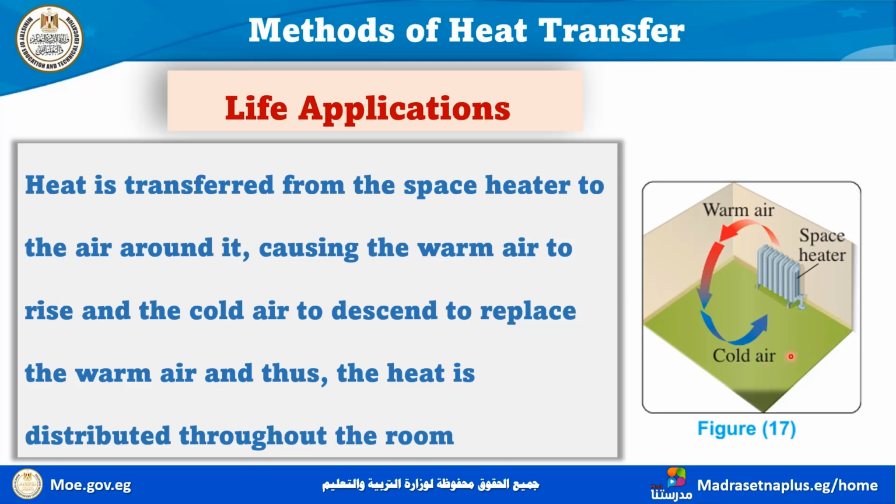This is the same as the convection currents that we have studied in water, the same here in the air. So heat is transferred from the space heater to the air around it, causing warm air to rise and cold air to descend to replace the warm air, and so the heat is distributed throughout the room.